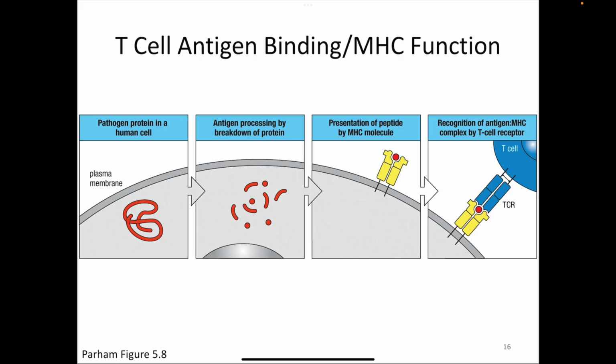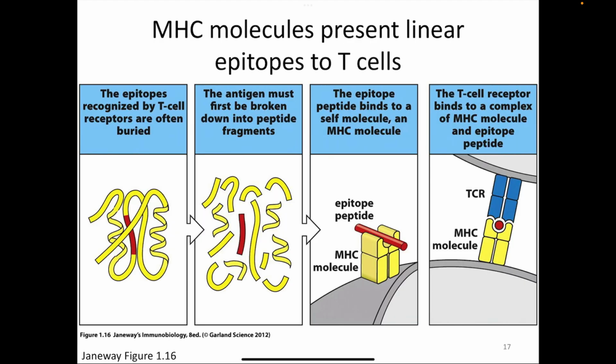And there's only one type of thing that can get into that pocket, which is a peptide. So MHC only can show peptide antigens. T cells only respond to proteins or to peptide antigens. You can't get T cells responding to lipids, carbohydrates, nucleic acids, because none of those can make it onto the MHC molecule.